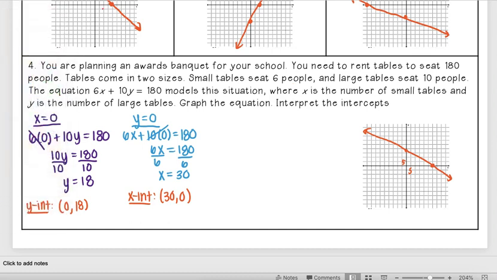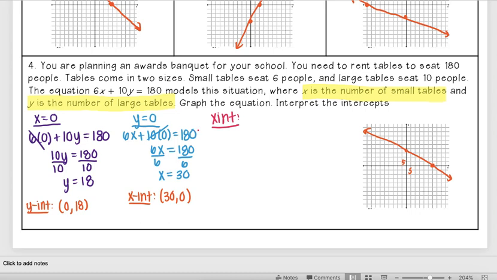Okay, so now that last part says to interpret the intercepts. So I'm going to first start with the x-intercept. And so first I'm going to say, okay, what does x stand for? Well, x is the number of small tables. And so for my x-intercept, that was (30, 0), where 0, y, is the number of large tables.